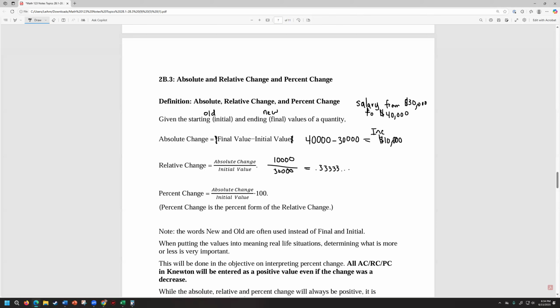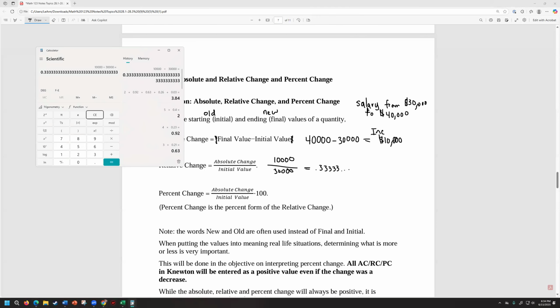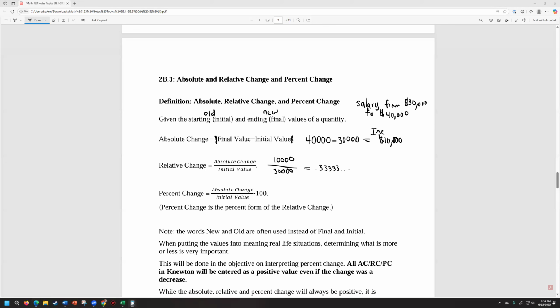Okay, now if we times that by 100, that'll put it in percent form, which would be 33.3. A lot of times they'll have you round at the end, after you've done the times 100, to the tenth of a percent. So since it's just threes forever, it's just going to be 33.3%. And again, this is an increase because we went from a low value to a higher value.